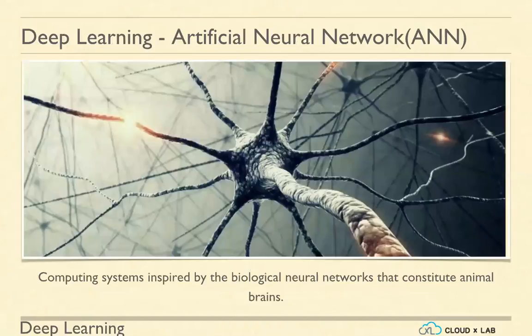understanding the artificial neural network. So, classic machine learning based on statistics and other algorithms has been there since the 1950s, or even before that.